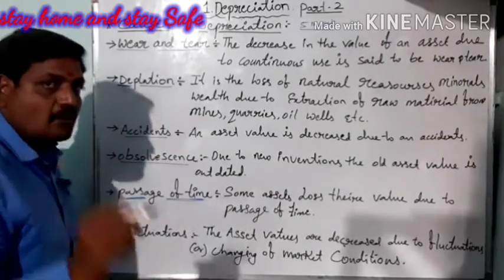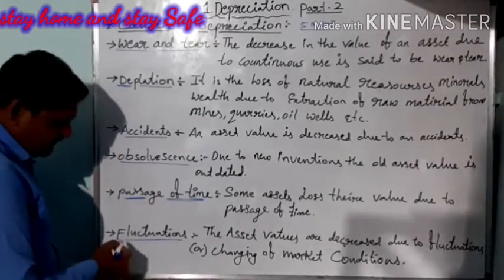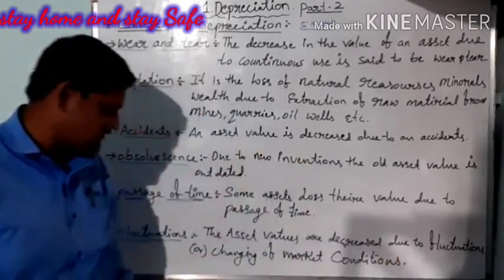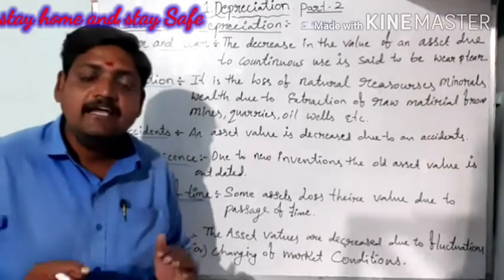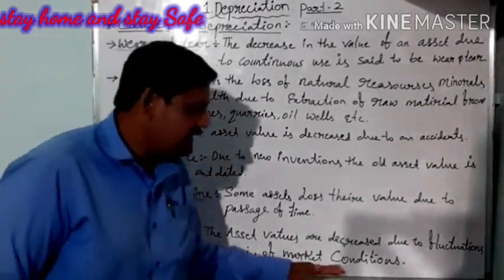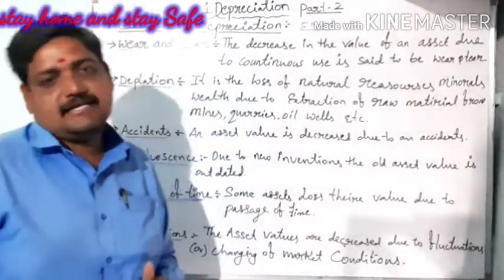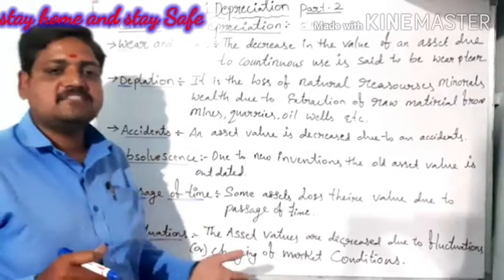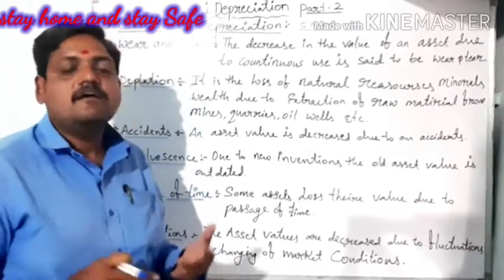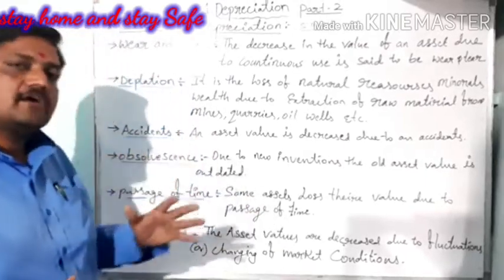And the last cause of depreciation is fluctuations. The asset values are decreased due to fluctuations, otherwise changes in the market conditions. Why? Because sometimes some type of fluctuations comes into existence in the market. That fluctuation is a very important cause.